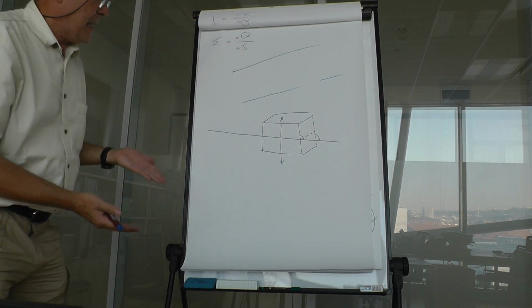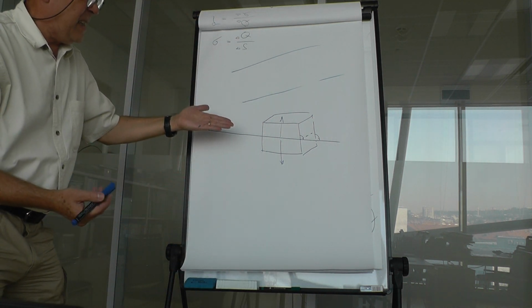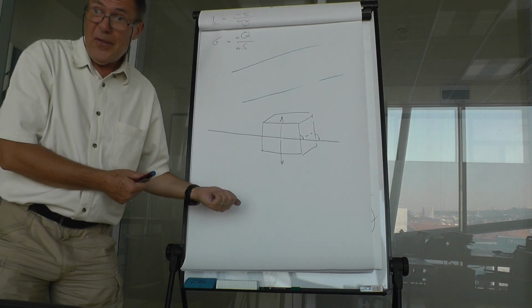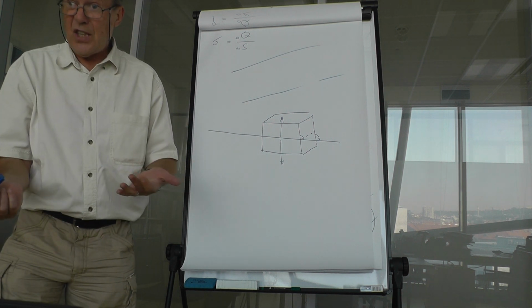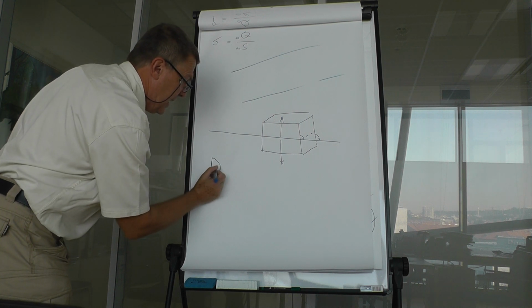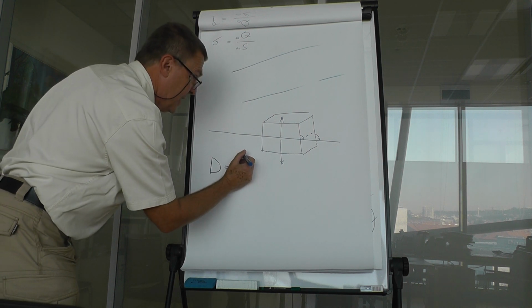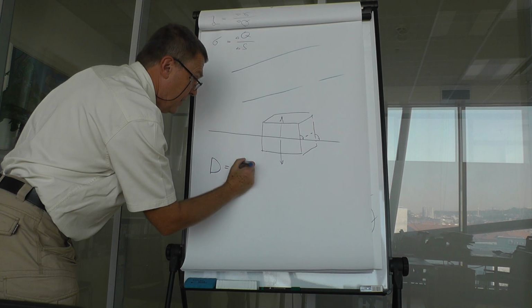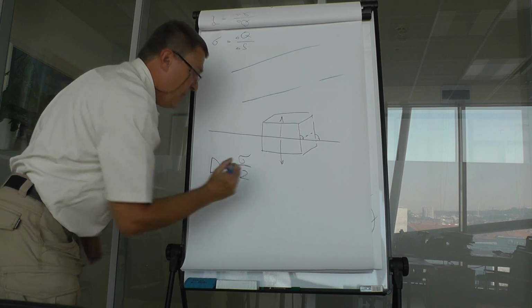And that means that the flux density must be 1/2 of the charge density. So we have flux density, D, and in this case it's just charge density divided by 2.